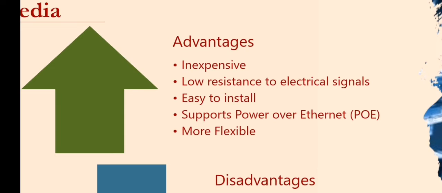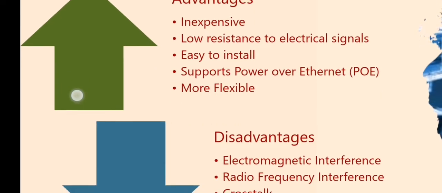First, the advantages. It is inexpensive. Buying Ethernet cables is very inexpensive; the price range will depend on where you buy the cable. It has low resistance to electrical signals. It is easy to install; all you need to do is plug it in. It supports power over Ethernet or PoE, and it is more flexible.